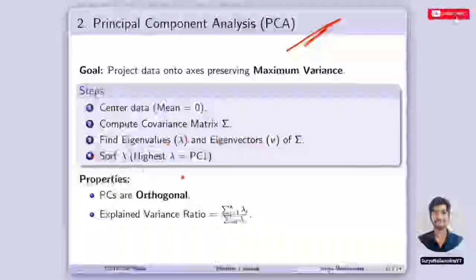After sorting them, we get the maximum variance. A property of principal component analysis is that the principal components are orthogonal, and this is the variance ratio.